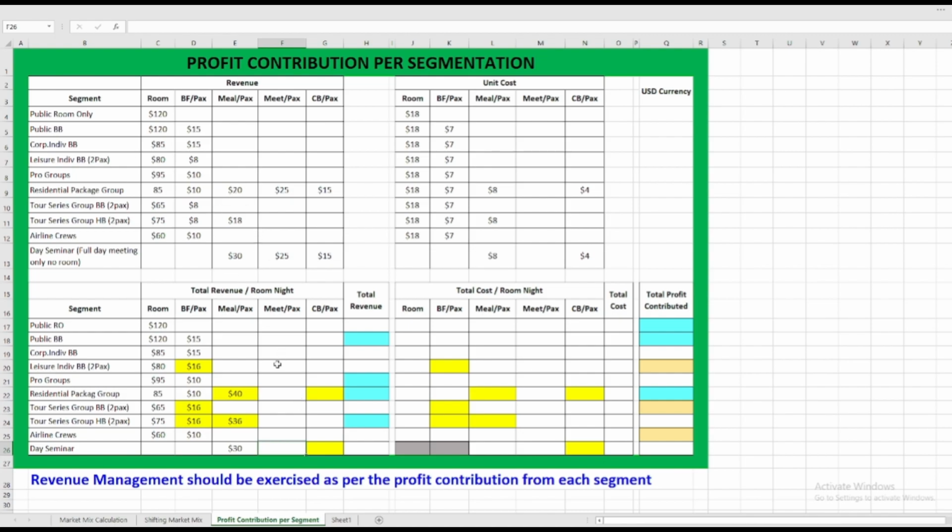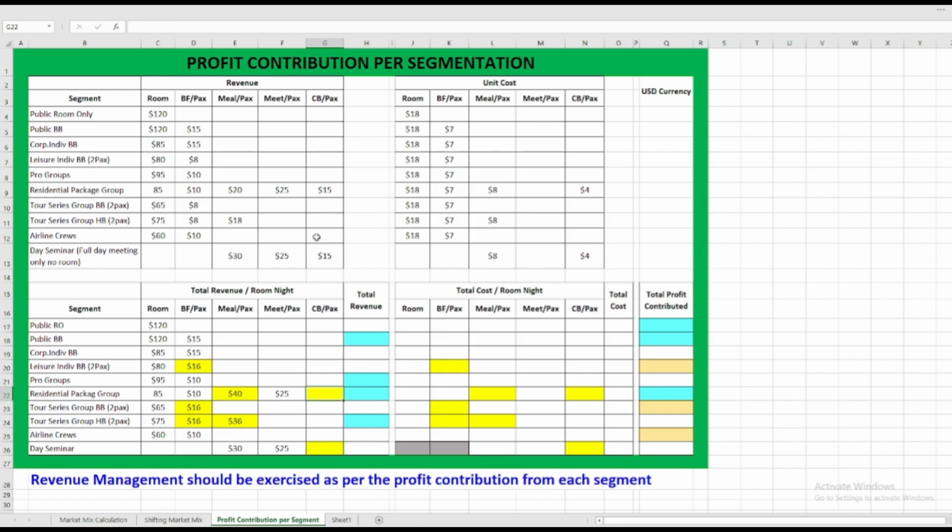Next, residential package meeting room allocation per person is $25. Day seminar meeting allocation is also $25.